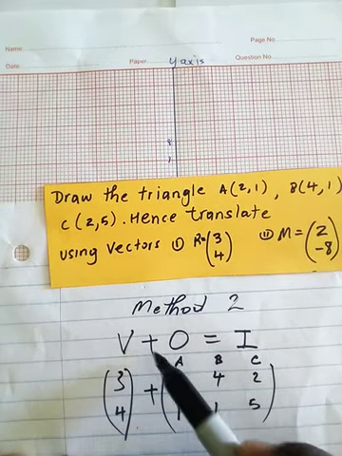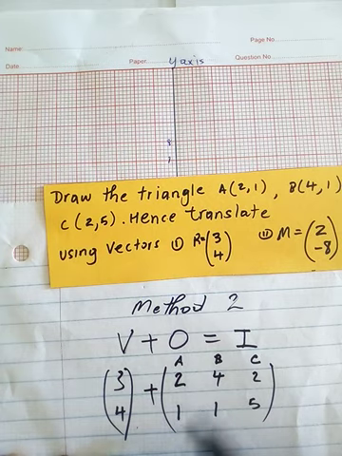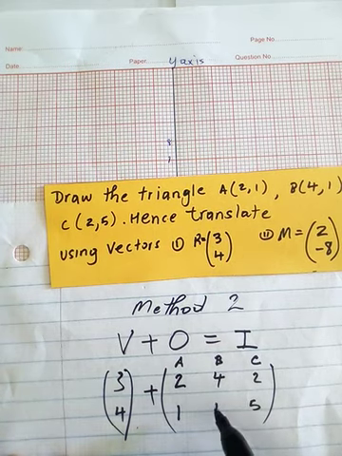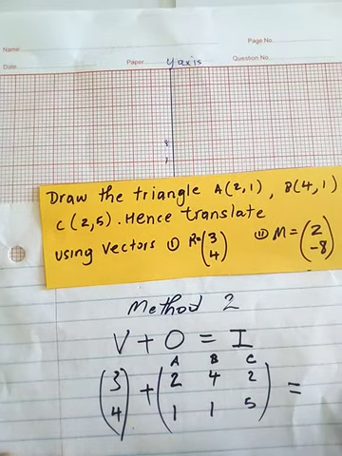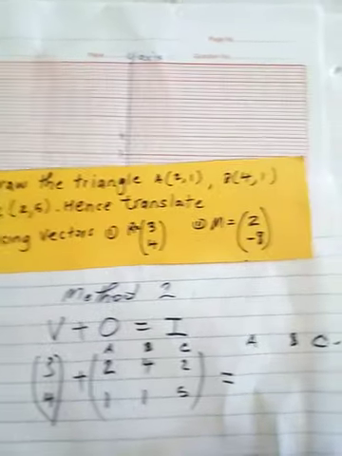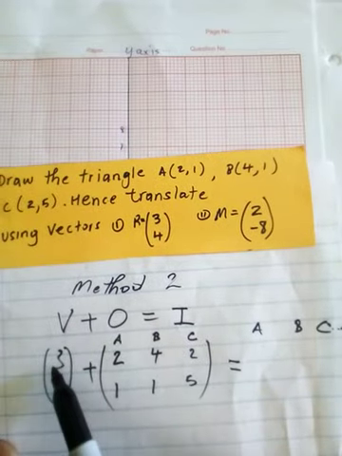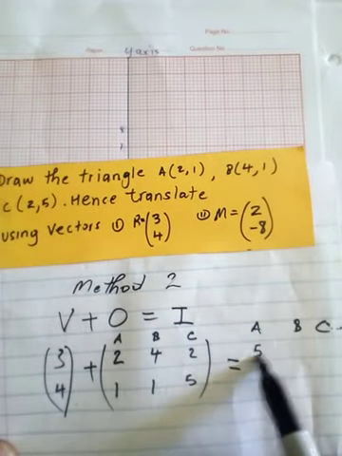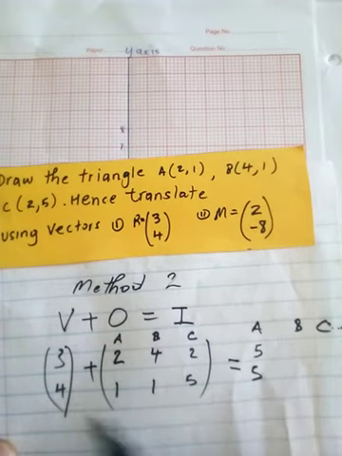So this is the vector, plus we're adding the object points. Basically, in translation, all the points move with the object. Equals, we're going to get the coordinates for the image. What will we get for A, for B, and for C? So let's go. For A, 3 plus 2 is 5, and 4 plus 1 is 5.